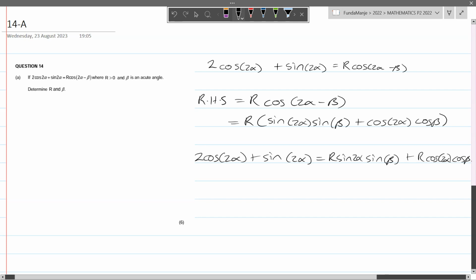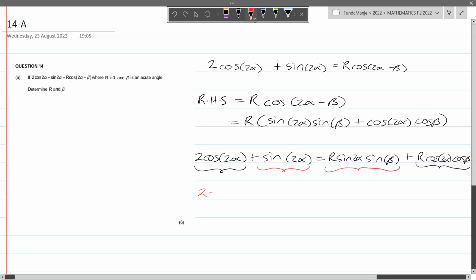Then we can see here we have a cos 2α, we have a cos 2α here, and also here we have a cos 2α. And on this part we have a sin 2α, and we have a sin 2α within this expression. And if this is an equation, we know that this one must yield the other.